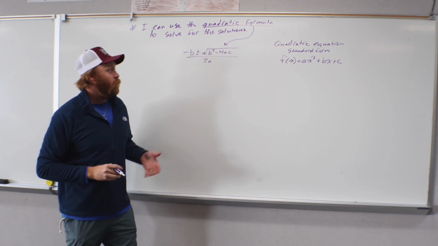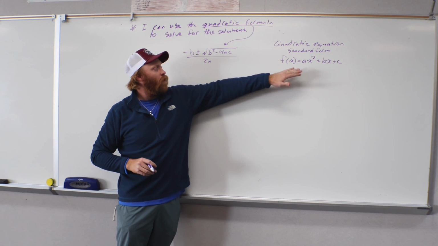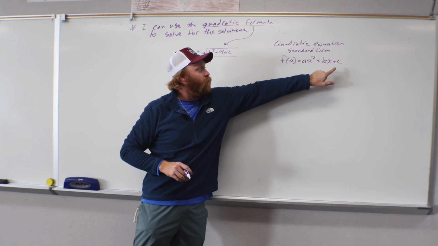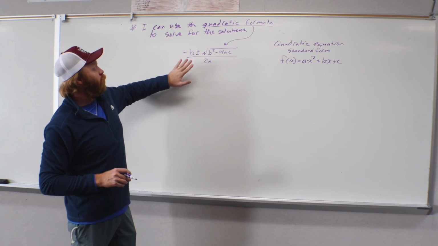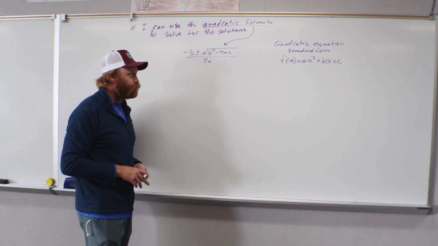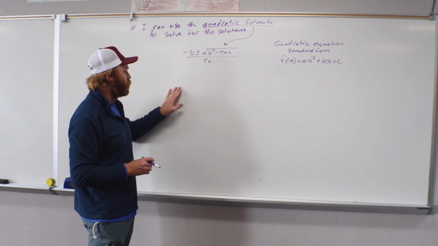It is important to know the parts of this, because this a, this b, this c is exactly what we're using for our a, b, and c over here. So, big picture, small picture.